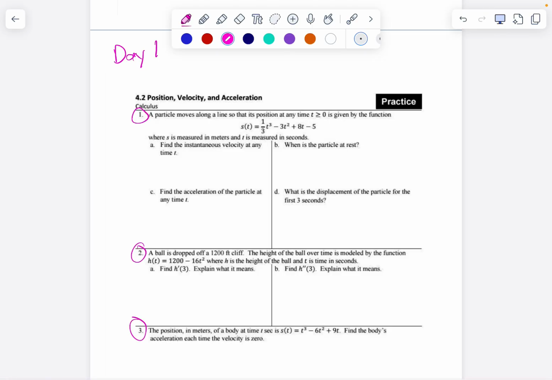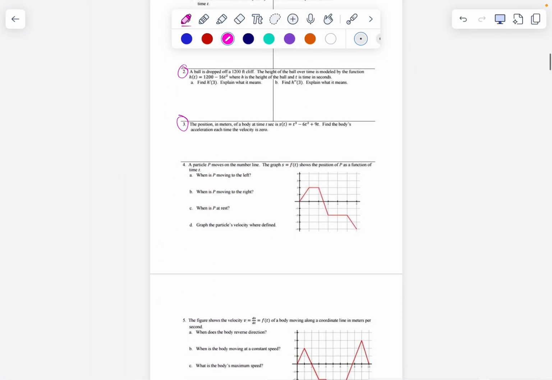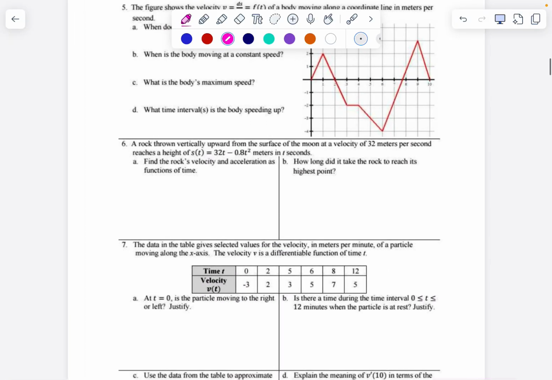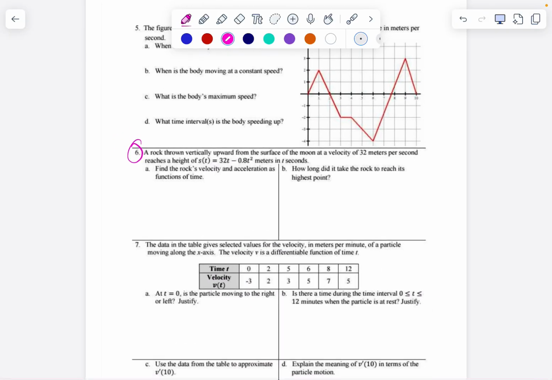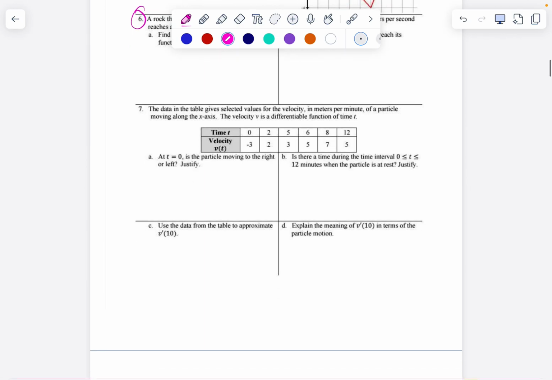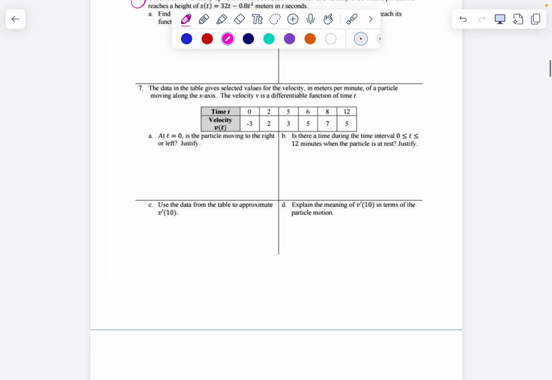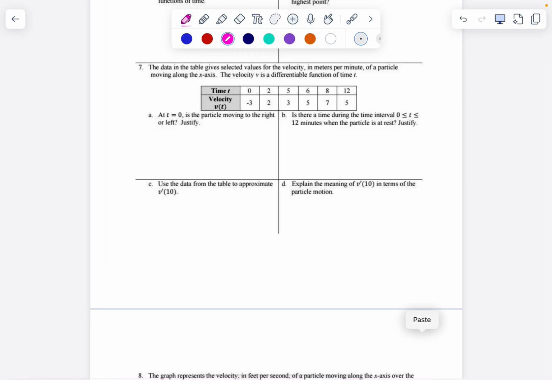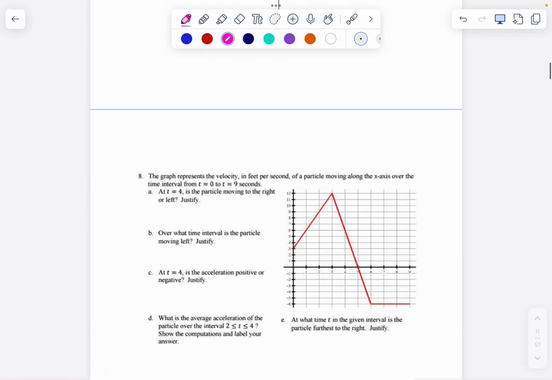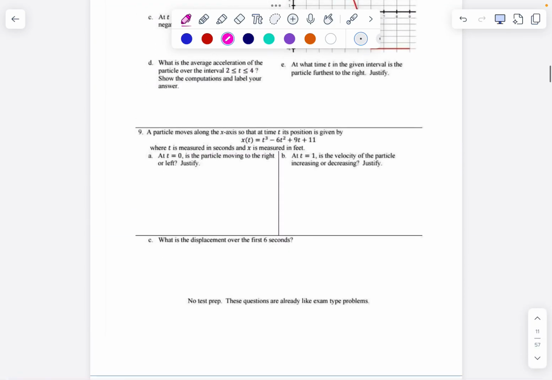One, two, three, 6. Try number 7. Let's go.